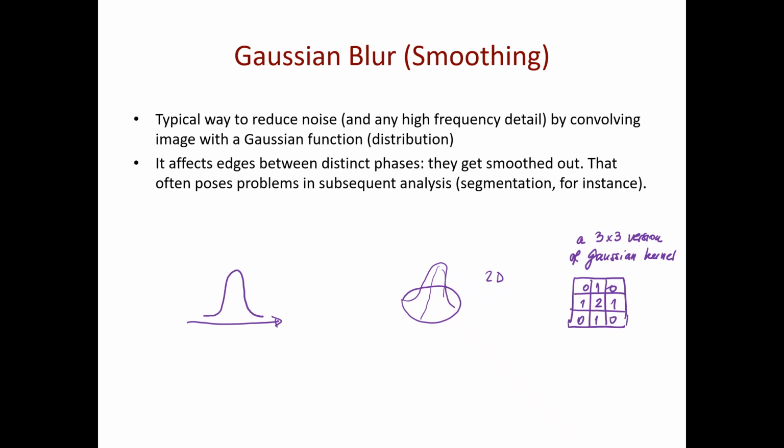So then the Gaussian function has some sort of Gaussian kernel signature, and this signature changes slightly. You can do that over a larger neighborhood. 3 by 3, 5 by 5, 7 by 7, and so forth. Often, if I want a center pixel, I need an odd number. So 3 by 3, 5 by 5.